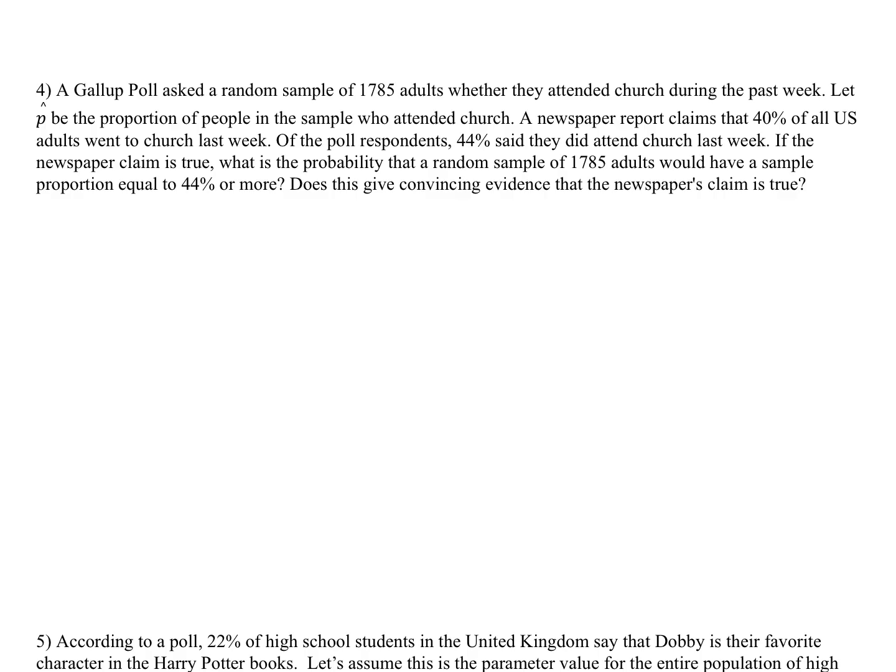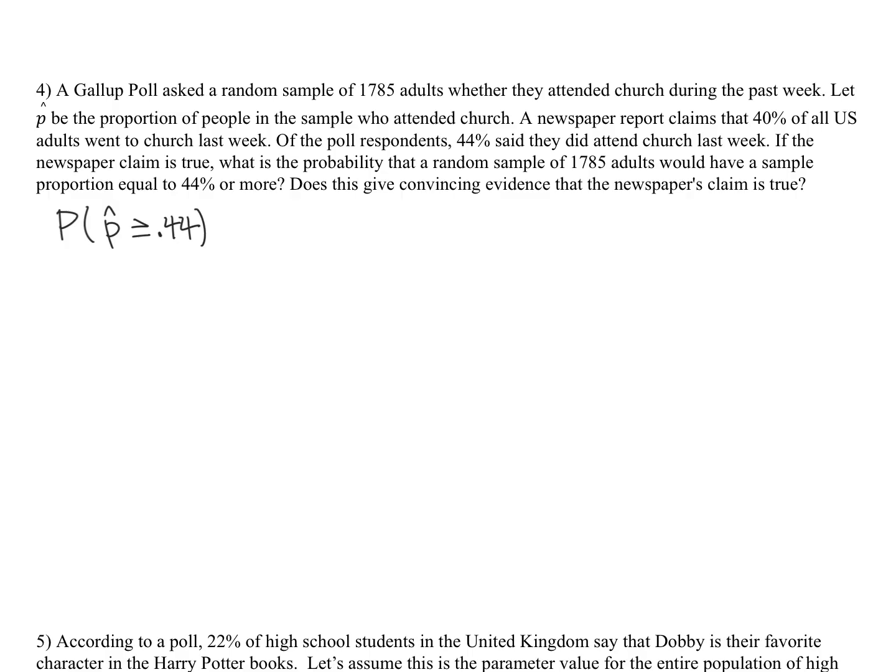So a lot going on. So the first thing I'm going to do is write my probability statement. And it's always best to look at the question to help with your probability statement, because the percentage used in the question is the percent that goes with your probability statement. So we're trying to see the probability that p hat is greater than or equal to 0.44.